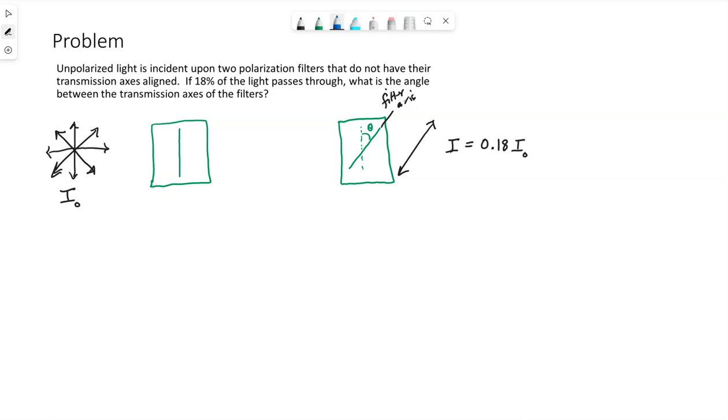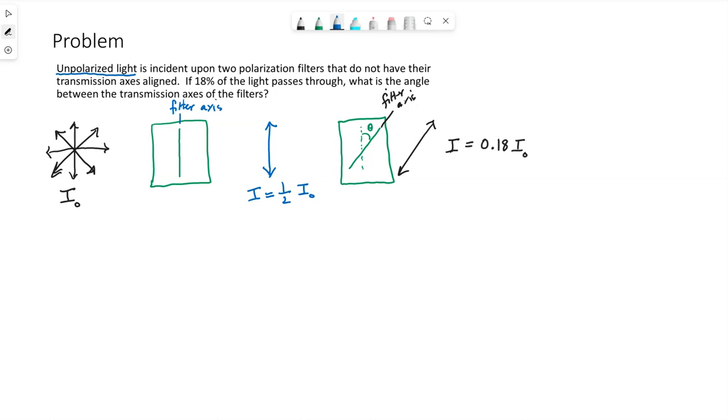Whenever we have unpolarized light shining on a filter, the transmitted intensity is always half of the original intensity. And the orientation of this now polarized light is the same as the filter axis.